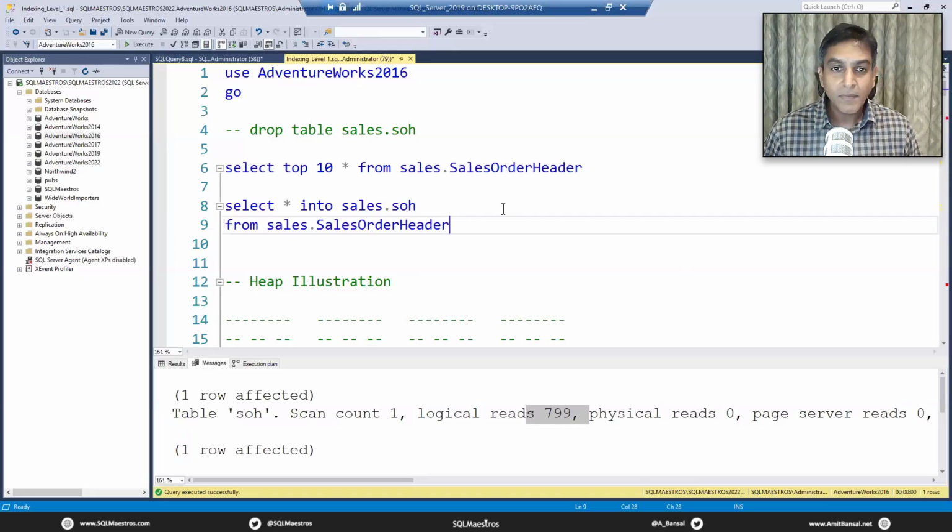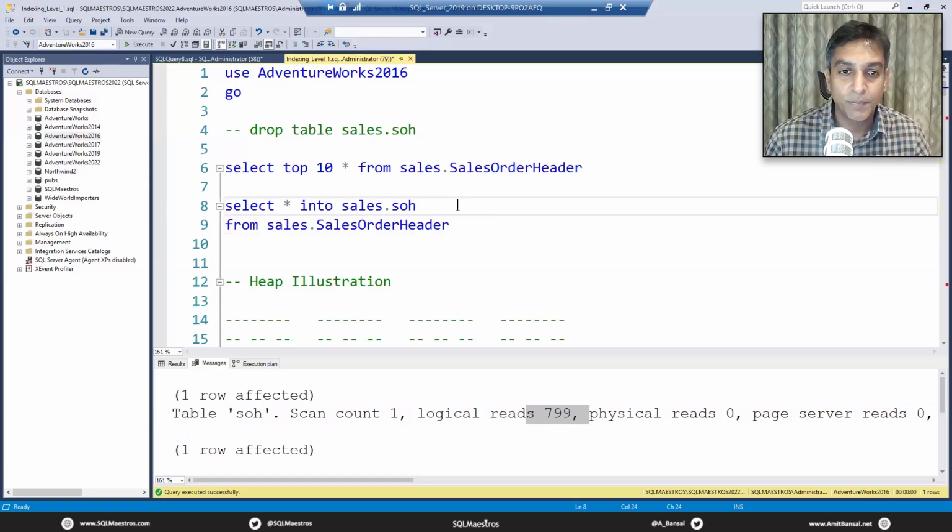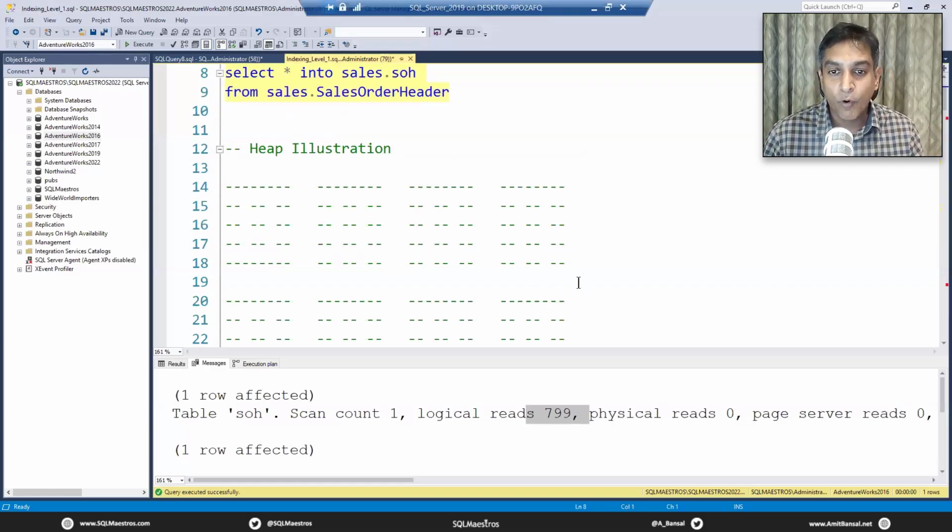Friends, let's do a very quick recap of part one and then continue with part two. In part one, I started off with creating a heap. Then I explained what a heap is: a random bunch of pages on the disk in no specific order.